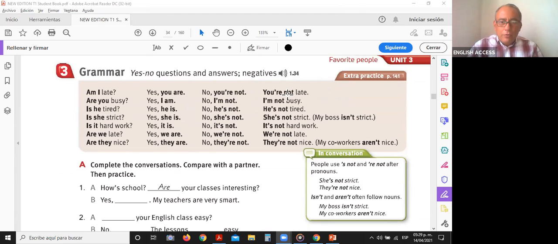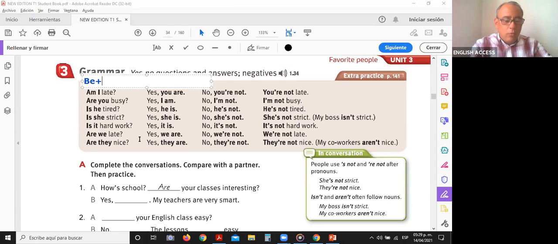This is a review. Please, I'm going to play the track for this explanation. We are going to listen. We have been practicing these questions and answers. Let me just show you that the order of the question is very important. Here, in the first place, we have the verb be: am, are, or is.